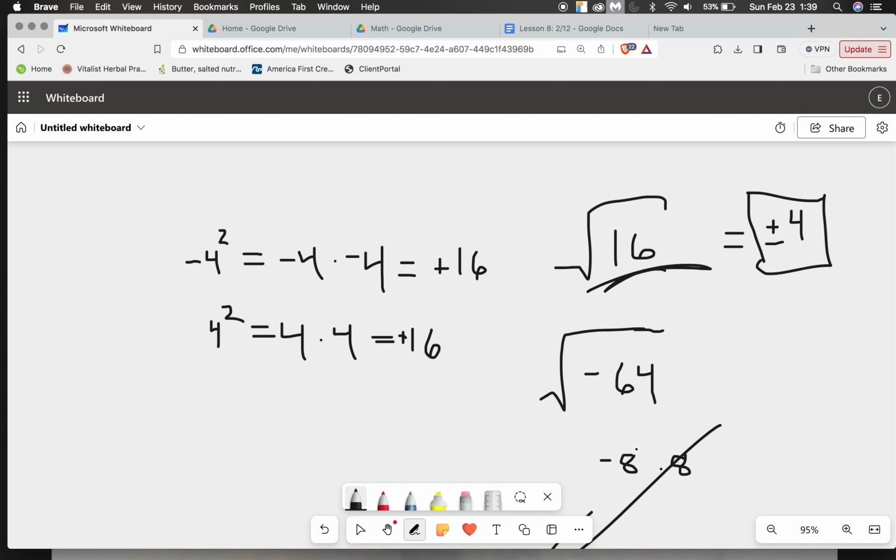They are different numbers, therefore that would not be considered squaring. So there is no way to square a number and get a negative number. Therefore this number does not exist. That number does not exist.